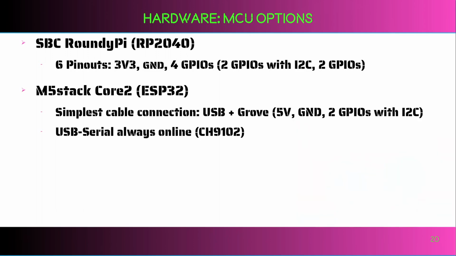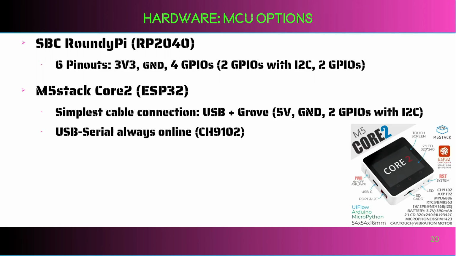The next one is an M5Stack Core2, and that's probably the easiest accessible option to build, because it is one of those modular package thingies that they have with their M5Stack line. And it also has a Grove connector, so that is just easy to connect. There's one issue with this.